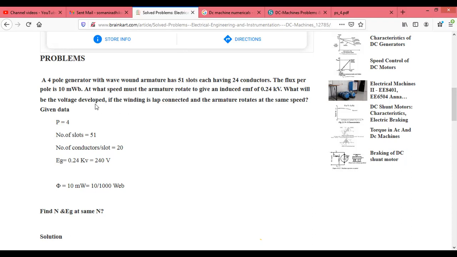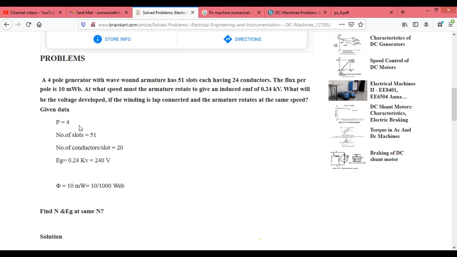What will be the voltage developed? It means what? They have given this induced EMF, but again you are supposed to find the new generated voltage. But when we are supposed to find it with winding as lap connected and the armature rotating at the same speed, it means what? You are not supposed to change the speed. You are supposed to keep the speed constant.